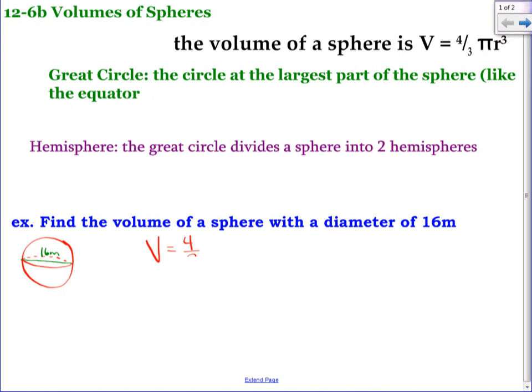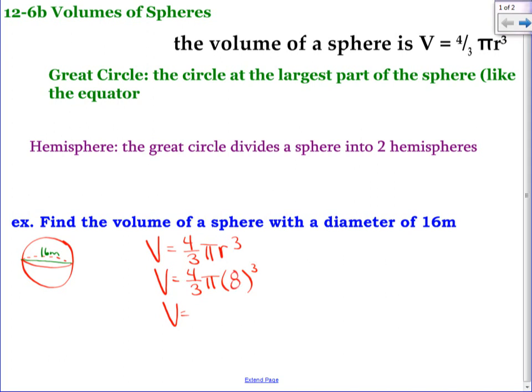Volume equals 4/3 pi r cubed is our first step. Make sure we have our calculators out. And then all we need to do is put in the radius length. Okay, so the radius would be half of the diameter, so that would be 8.